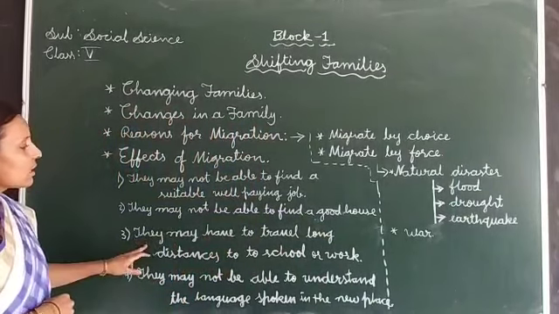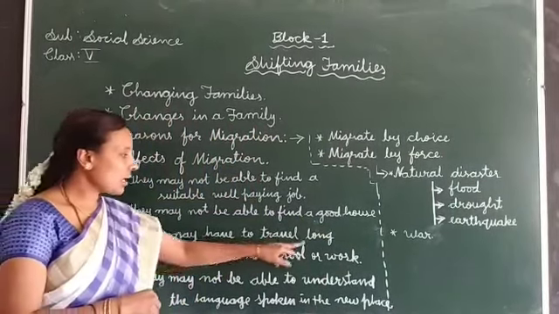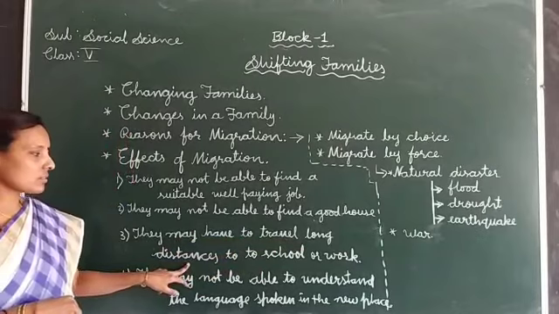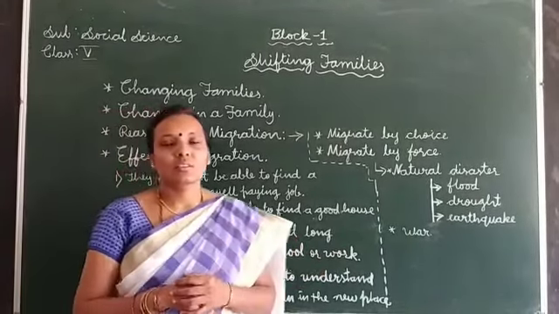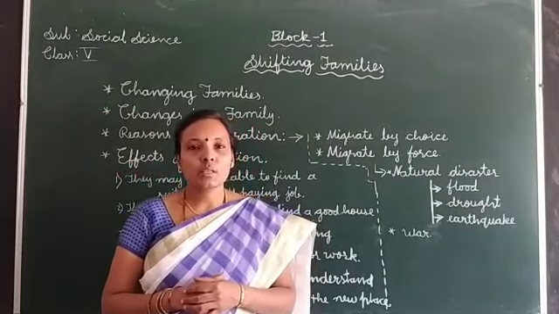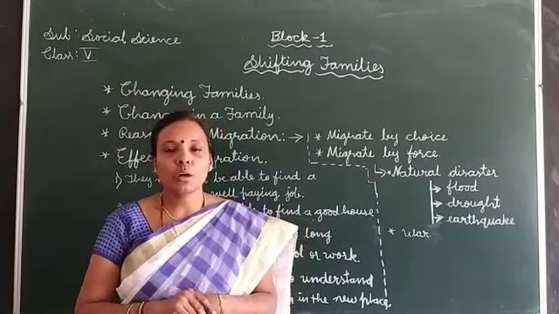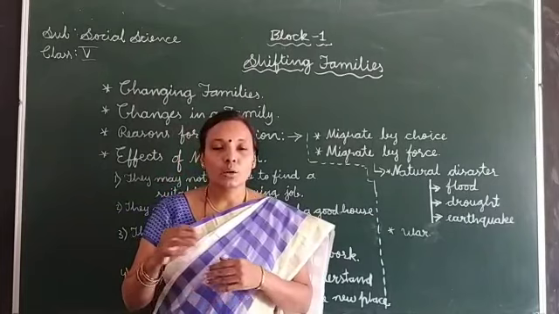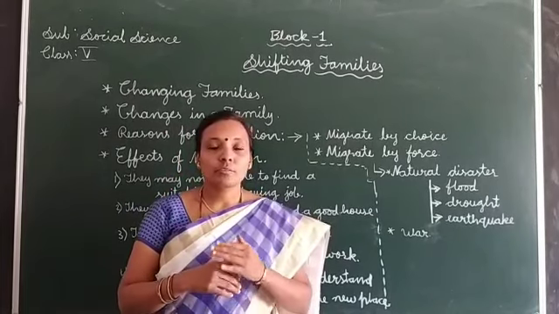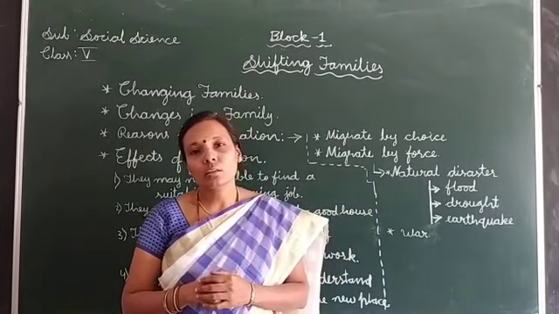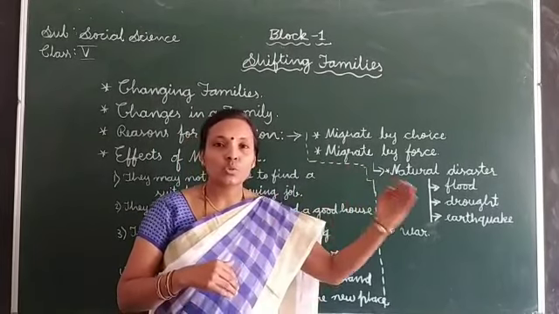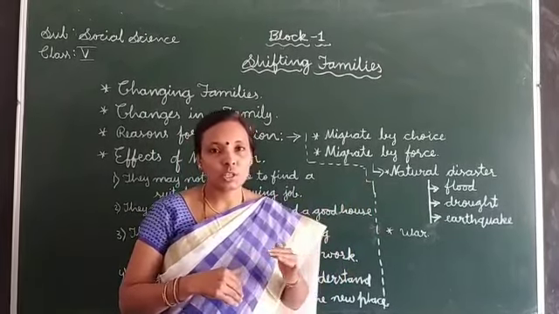Next one is they may have to travel a long distance to school or work. When they migrate to a new place, they find a new house. That house may be very far from their working place, or it may be far from the school where their children go.